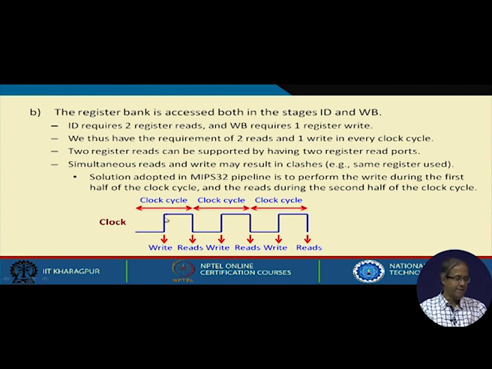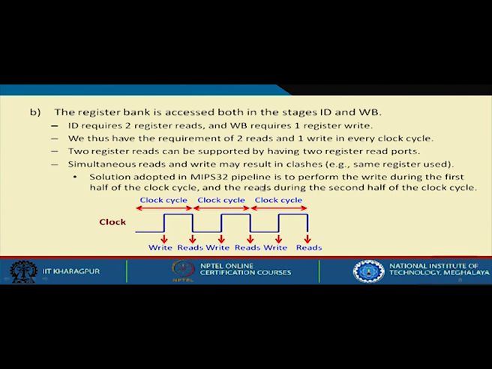So, we are saying that in the leading edge of the clock we do all the register writes, and in the falling edge of the clock we do all the register reads. Because register access is pretty fast and clock cycle time is pretty long, because all these stage executions must finish within it. So, within that clock cycle time we are dividing into 2 halves. In the first half we are doing the write, in the second half we are doing the read.